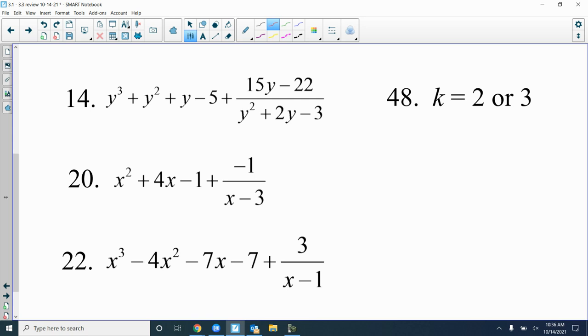Right, any question other than 48? 14. I'll do it, that's one. Oh, wait, you didn't get that one. Right there, -3 minus 2 would be -5.